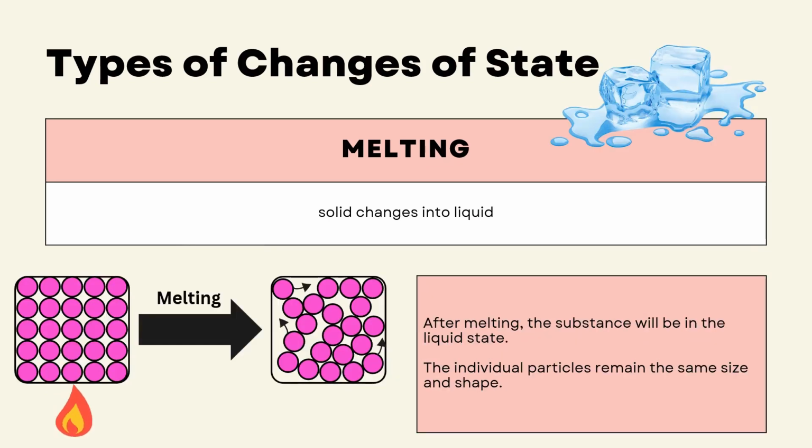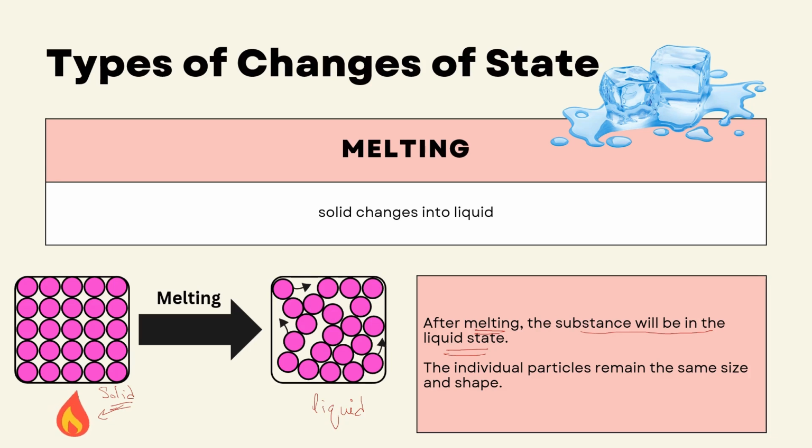Here you can see when we apply heat to a solid, this is the solid state arrangement. It starts to melt and converts into liquid, and in liquid there are some spaces between the particles. After melting, the substance will be in the liquid state.